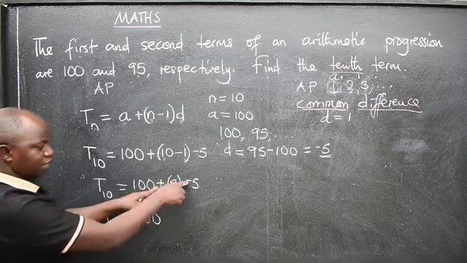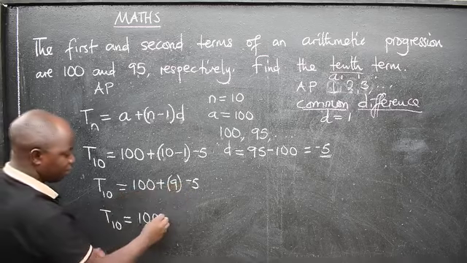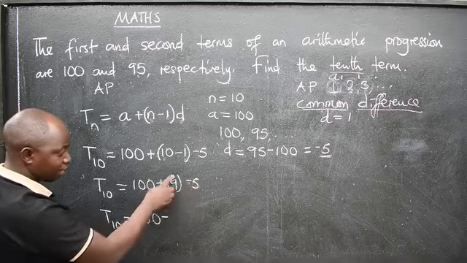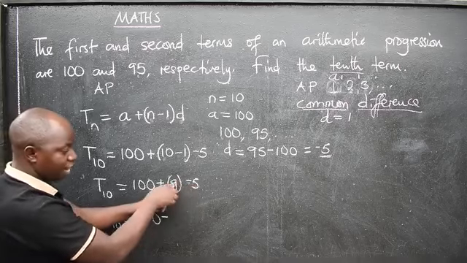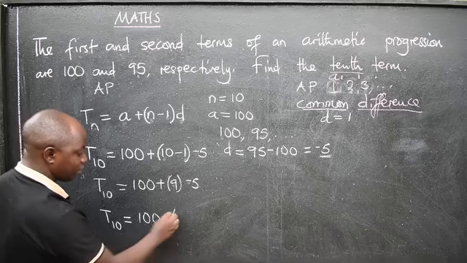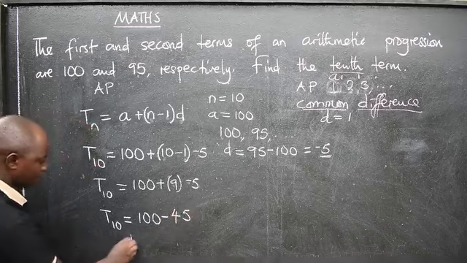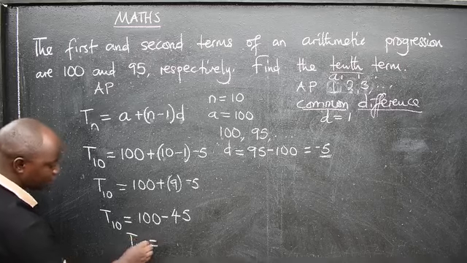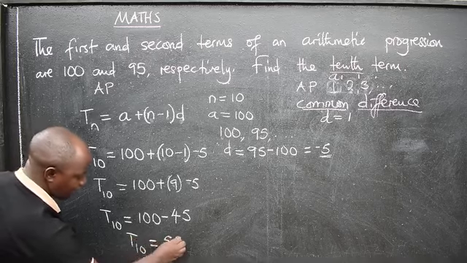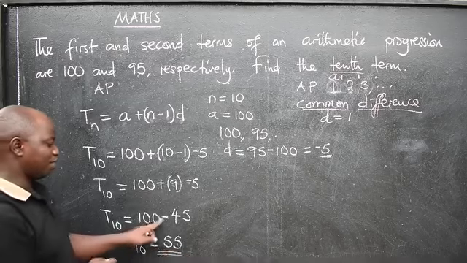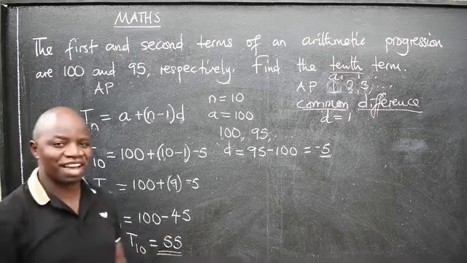This positive and negative will give us a minus. 9 times 5, brackets here. 9 times 5 will give us 45. When we subtract, our 10th term is therefore 55. That is the answer. 100 minus 45 is 55.